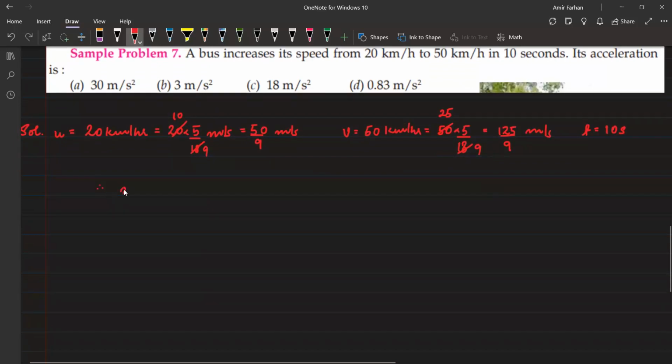Acceleration says that a is equal to the change in speed divided by time. Yes or no? That is the formula of acceleration, bacho. Is this clear to you? Yes, sir. So v is 125 by 9 minus 50 by 9, divided by time, that is 10 seconds.